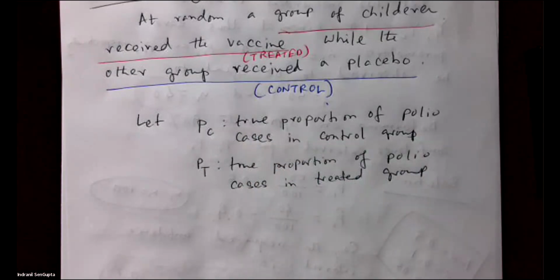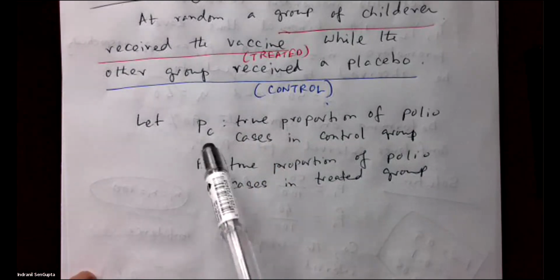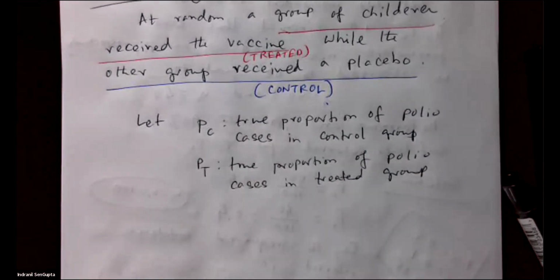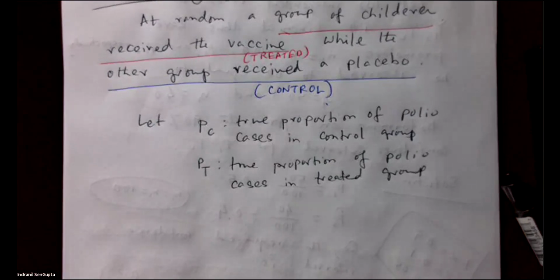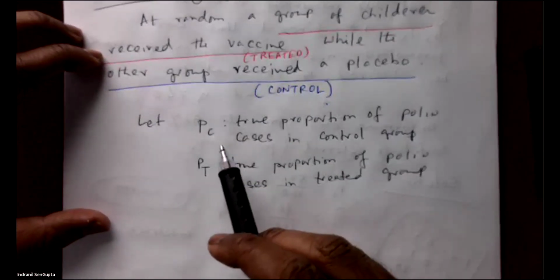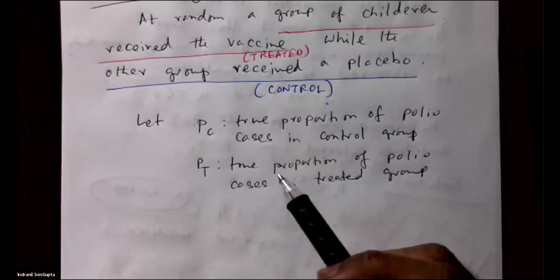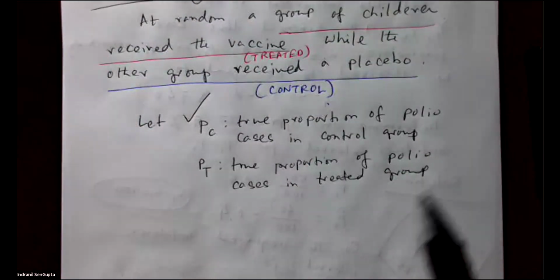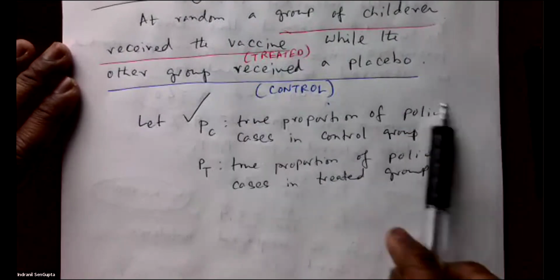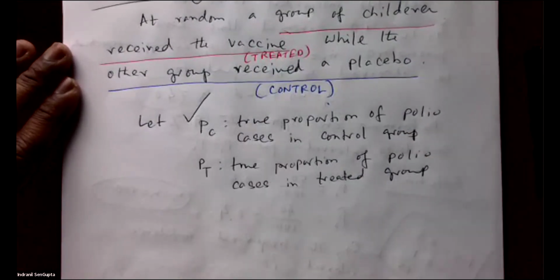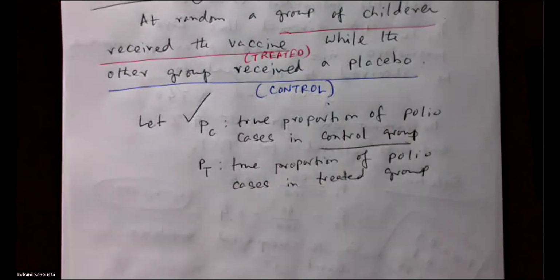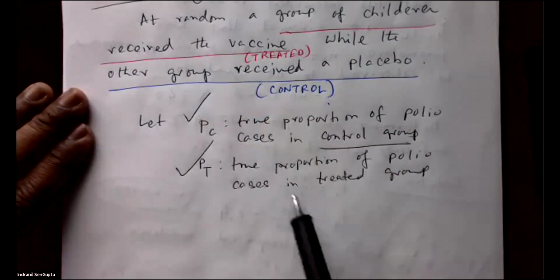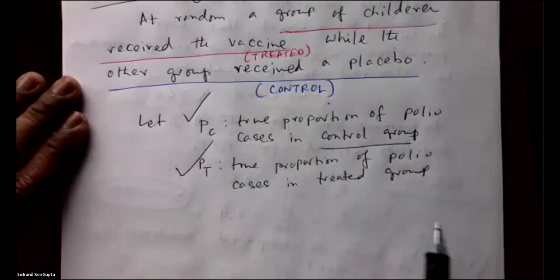So that means we wait for some time, and after some time we see how many there are. First of all, we cannot see the population, so we can only see the sample. So based on the sample, we have to conclude this. So pC is, in the entire population, the proportion of polio cases in the control group, and pT is for the entire population, not for the sample. Well, we are trying to see this for the treated group.